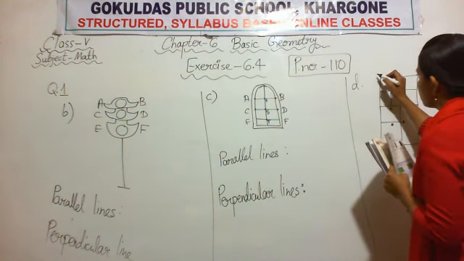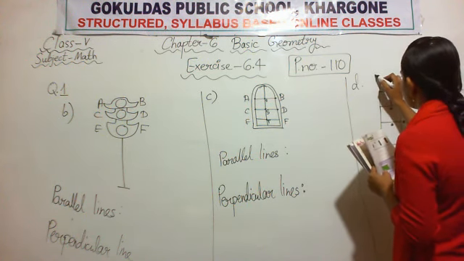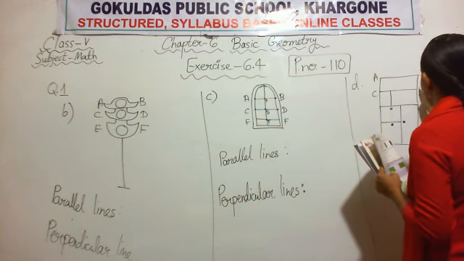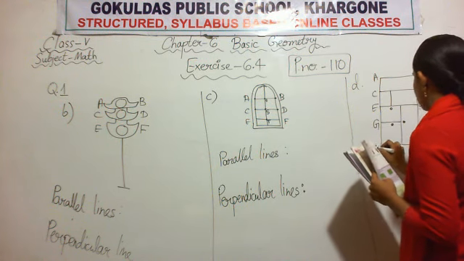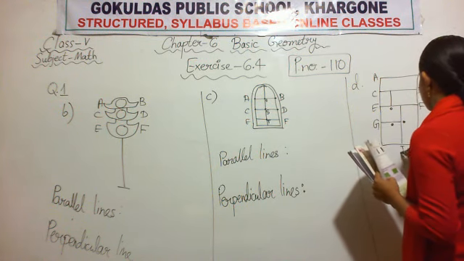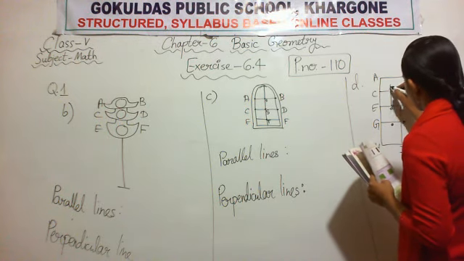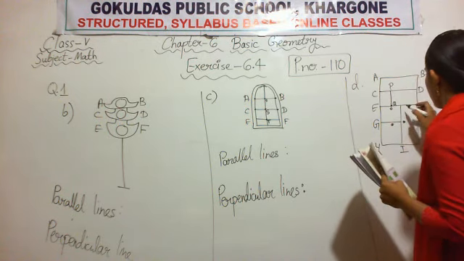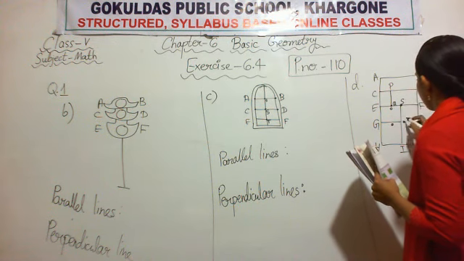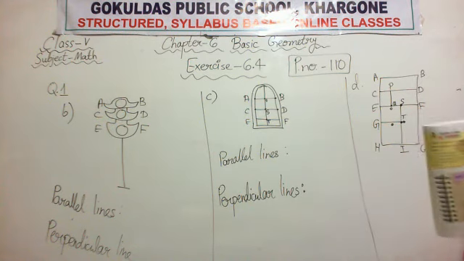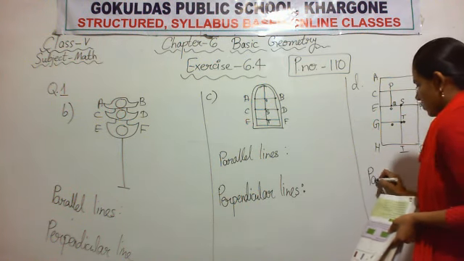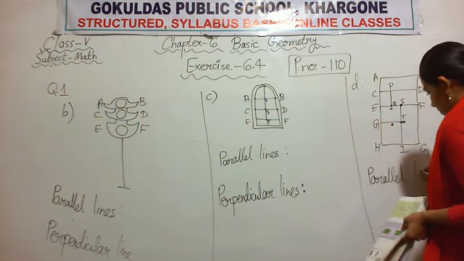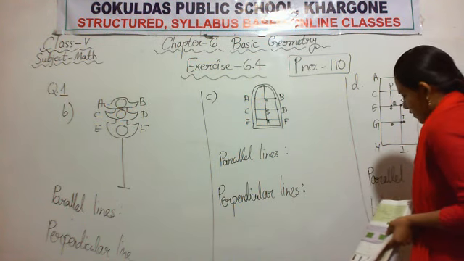A cupboard is given like this, so I am giving names to it as A, B, C, D, E, F, G, H, I, J, P, Q. This point I am giving S and this point as T. So identify all the perpendicular and parallel lines in this figure also. It is just for practice purposes.